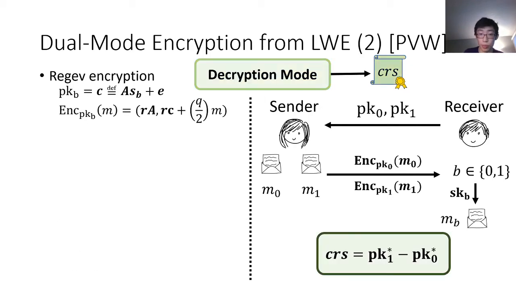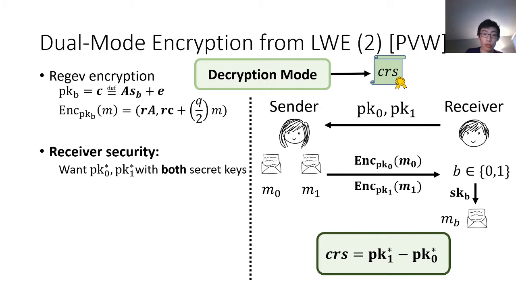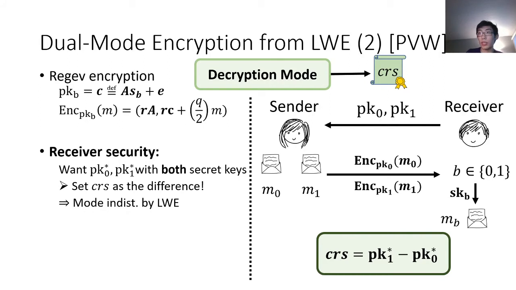Yeah, so what about decryption mode? And again, here the goal is to produce a pair of public keys with respective secret keys. A quite naive idea, but actually pretty elegant, is to set the CRS as a difference of two public keys.